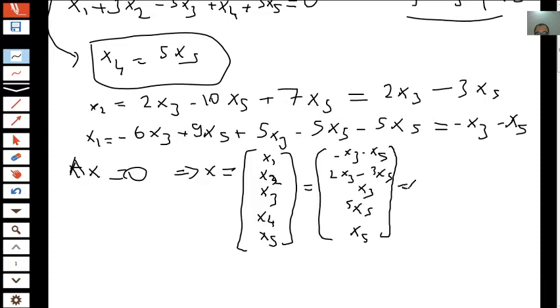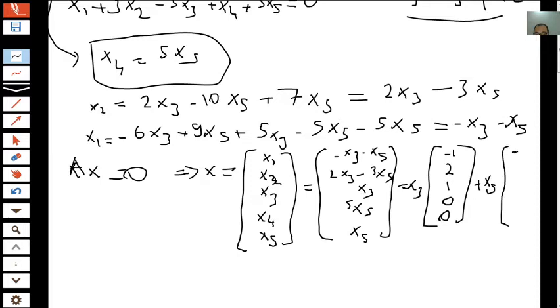And from here we can write x3 times, we use the coefficients, minus 1, 2, 1, 0, 0, plus x5 times minus 1, minus 3, 0, 5, 1.